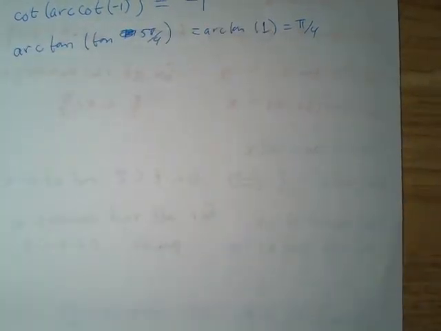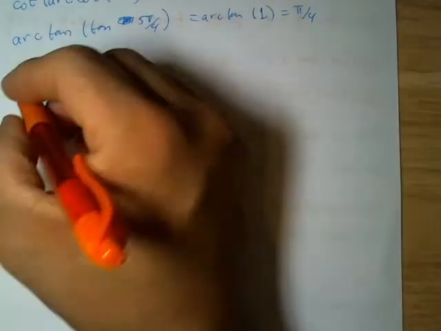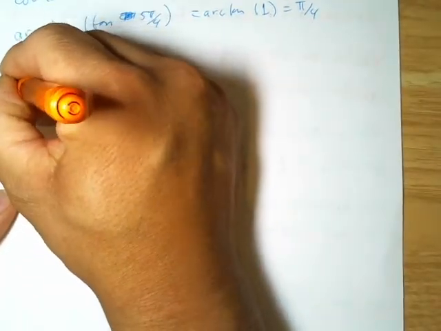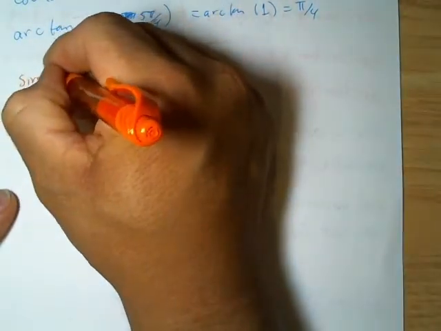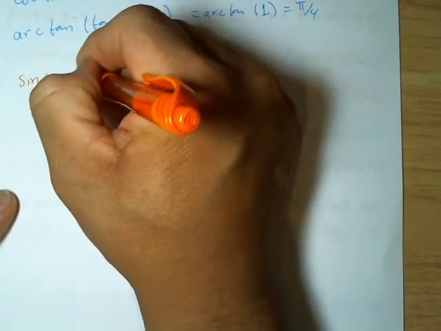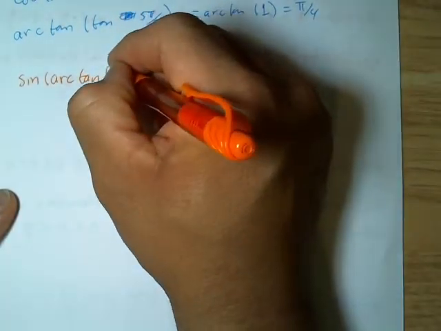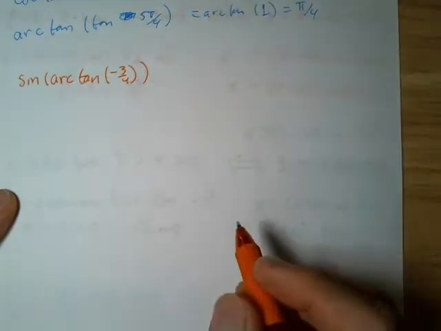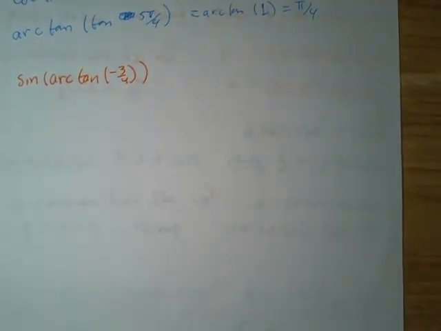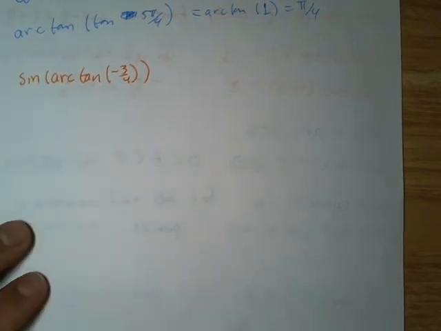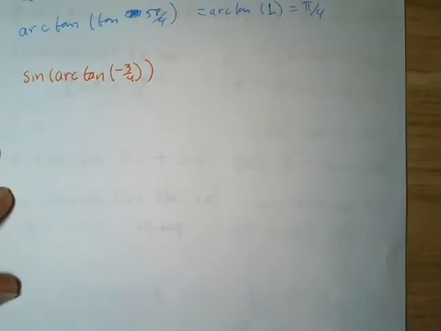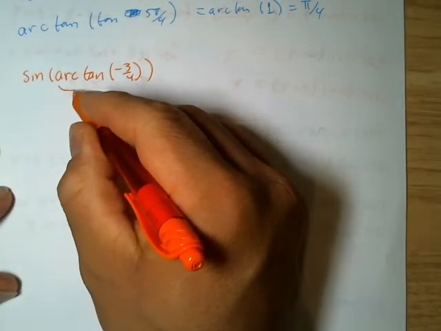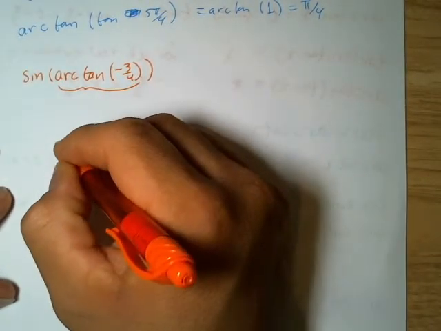All right. Now what about when we mix these up? Let's say the composition is sine of arctangent of negative 3 over 4. Whenever you see something like this, I want you to look at the inner function and treat this as an angle.